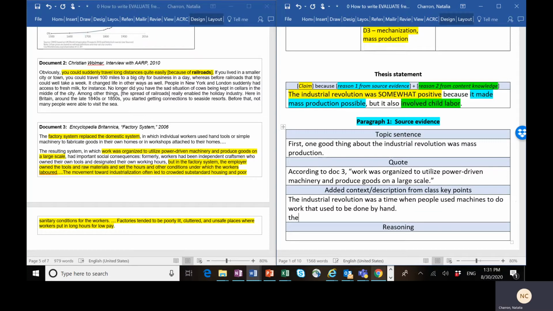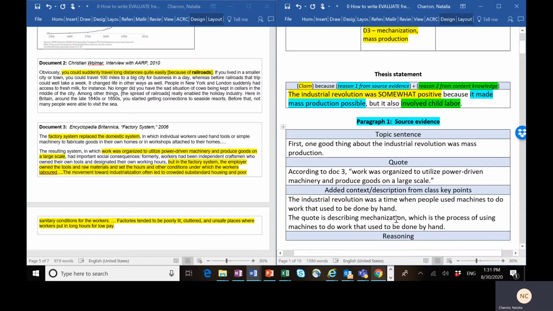So you could say the quote is describing the vocabulary word mechanization, which is the process of using machines to do work that used to be done by hand. Right, because I've connected this to the vocabulary word, I can get a point for that. You could talk about the factory system, right?